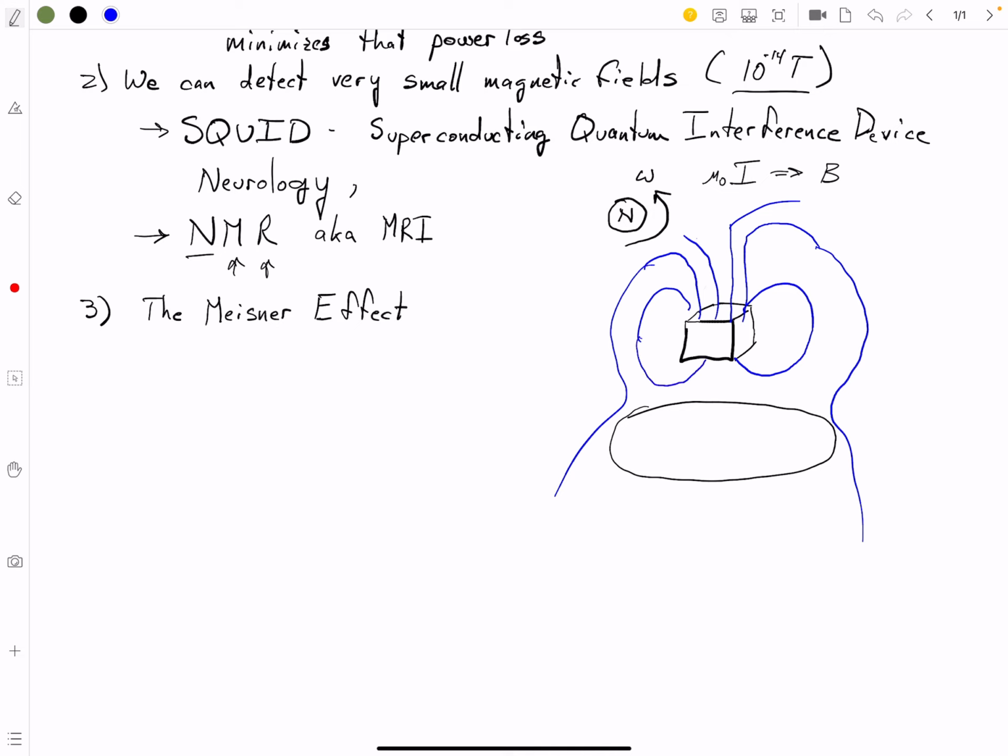So a little bit loops around, but not all of it, because it can't. That's what happens in a superconducting material. It doesn't allow for magnetic fields to go through it. The magnetic fields go around it.